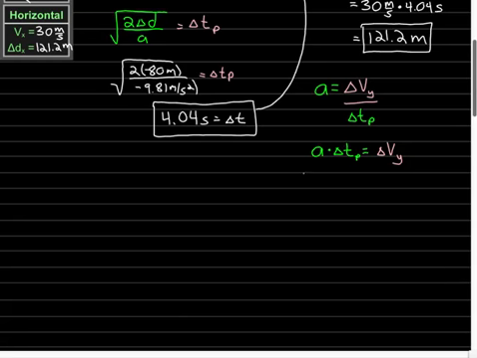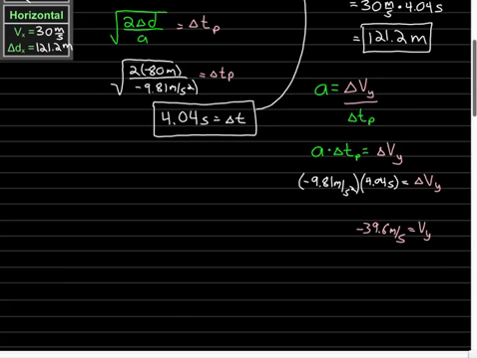So, plugging that in, we have negative 9.81 meters per second squared times the change in time, which is 4.04 seconds. And that's going to equal our change in velocity vertically, 9.81 times 4.04. And we get out negative 39.6. Negative 39.6 meters per second is equal to our vertical velocity, the change.